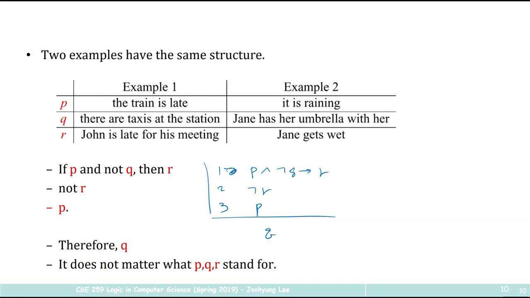Instead of John late, we say P, and similar for the other symbols. But other than that, this is exactly the same formula. So it's interesting that these two seemingly different problems actually share the same underlying structure.